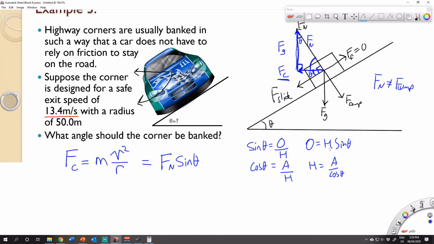In this case, A, the adjacent side, is Fg, so I can write the following. Fn is Fg over cosine theta, and then times sine theta, and that will equal my centripetal force, mv squared over r.